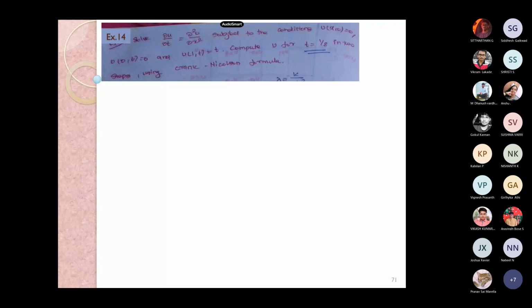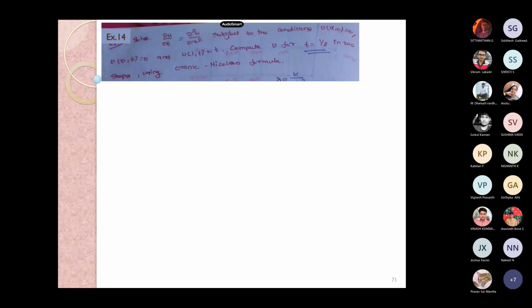Half of 1 by 8. Then what is the value? 1 by 16. 1 by 16 would be the k value, and since the k value is known, we need to find the other two terms, that is h and a.